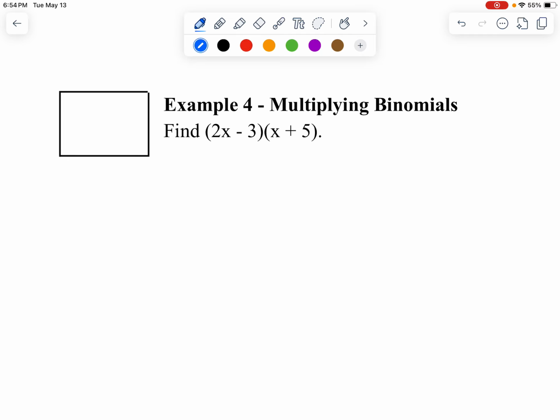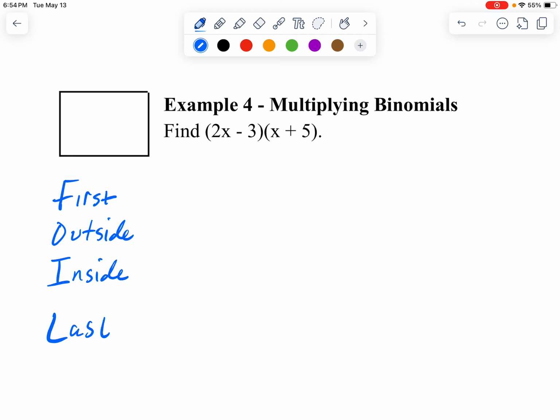Final method, and you may hear this a lot depending on who your teacher is in the future, we call this the FOIL method. So what this stands for is first, outside, inside, last.